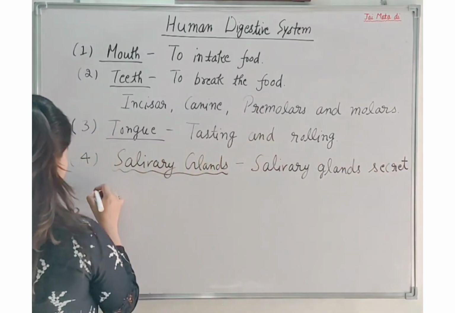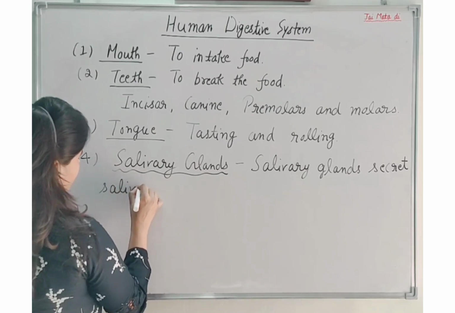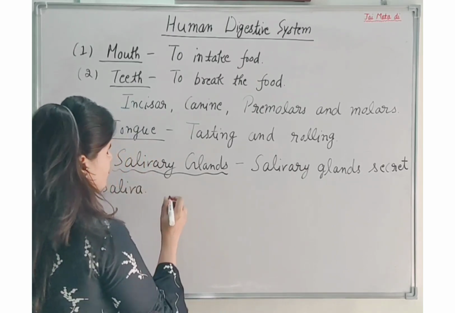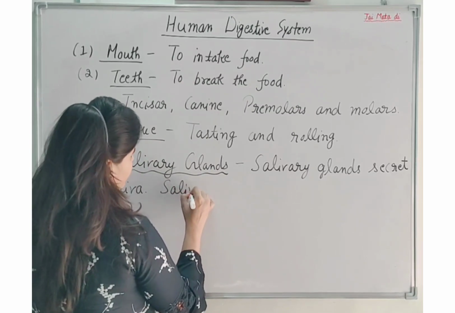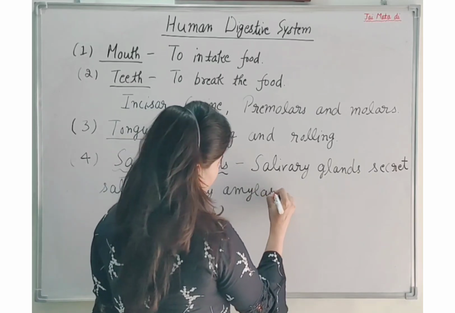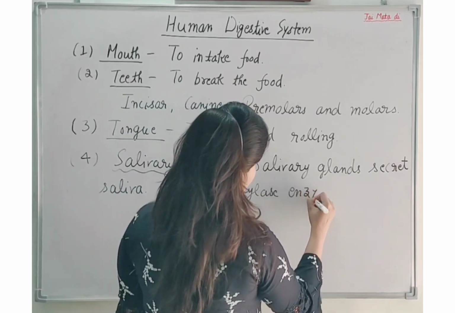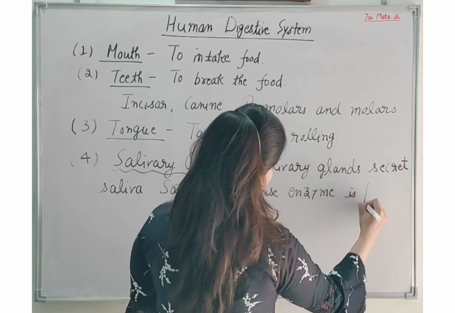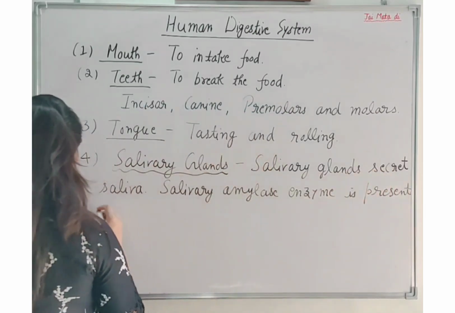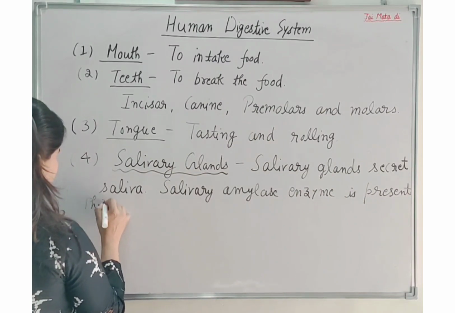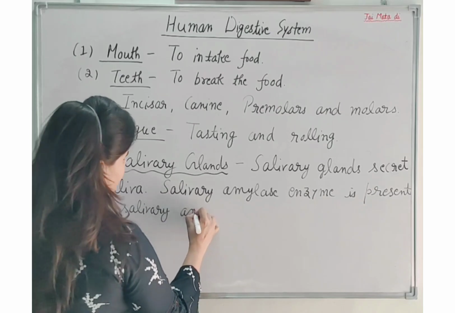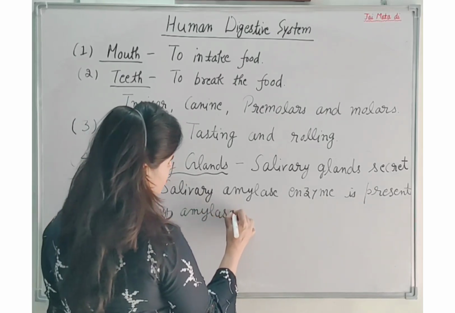In saliva, the salivary amylase enzyme is present. The function of this salivary amylase is to convert starch into sugar.